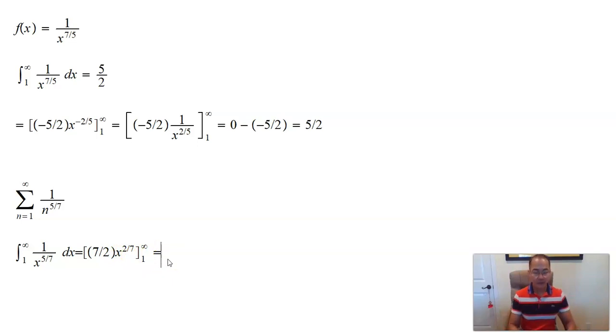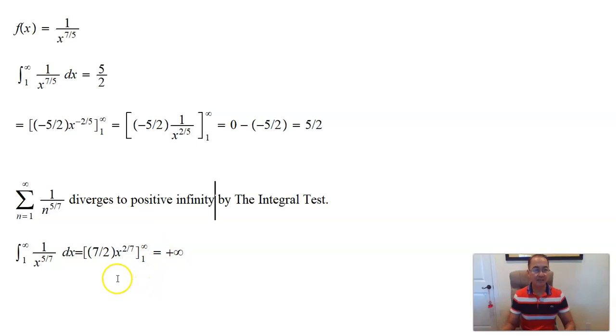So unfortunately, that improper integral diverges to positive infinity. So this series now diverges by the integral test. And in fact, we can be more specific and say it diverges to positive infinity. It's a bad series.